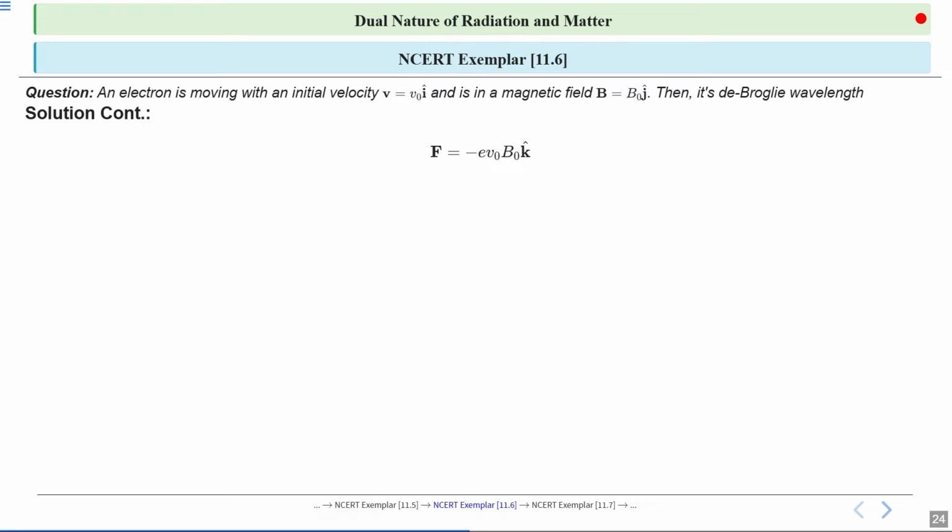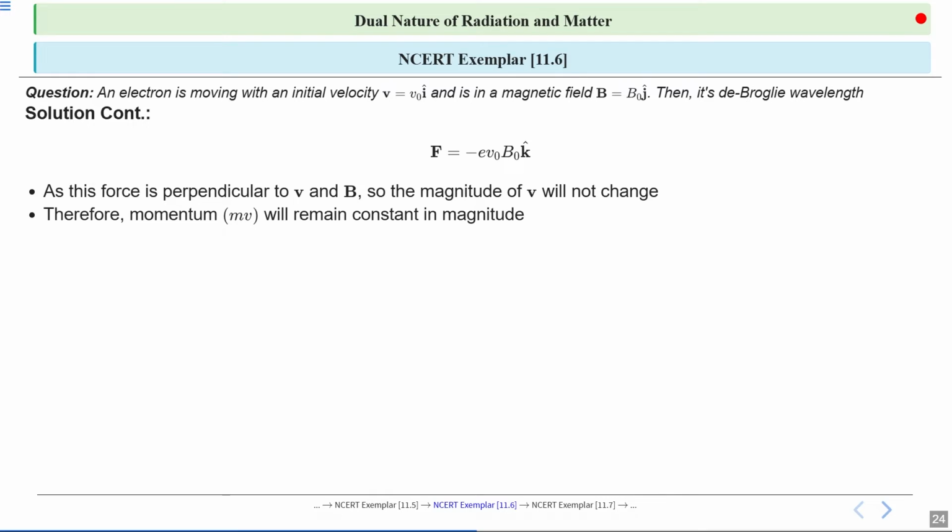This force is always perpendicular to both velocity and magnetic field. As the force is perpendicular to the electron's velocity, the force doesn't act along the direction of motion. It doesn't speed up or slow down the electron. It only changes the direction of the velocity.